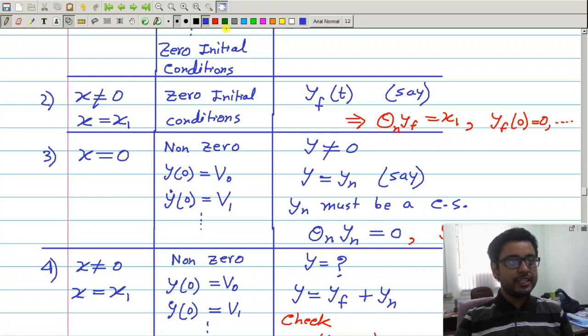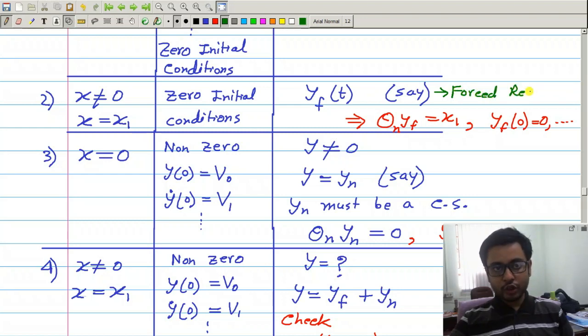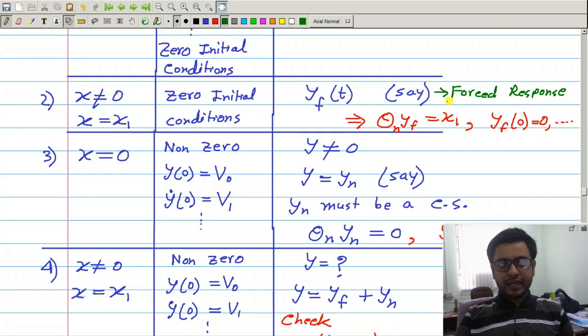Now let me define this output yf as the forced response which is generated by non-zero input. Response means output, F for force. Here we are thinking the input as the driving force of the system, and therefore we are calling this the forced response, or the response generated by the input only.